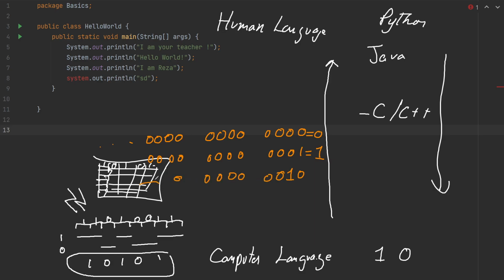And we keep on going. This is 2. If I turn on another one again, starting always from the right, this equals 3. If I add another one, well, this becomes 0. I add another one here, it becomes 0. I add another one here, so it becomes 4.